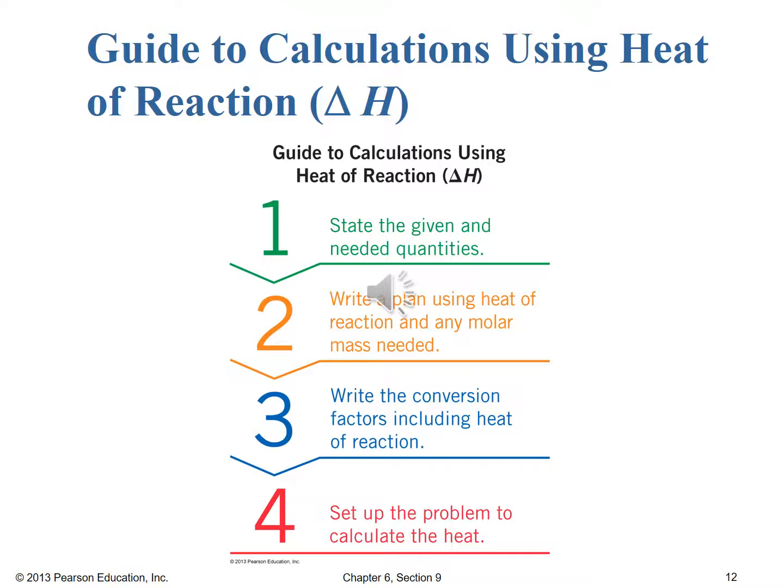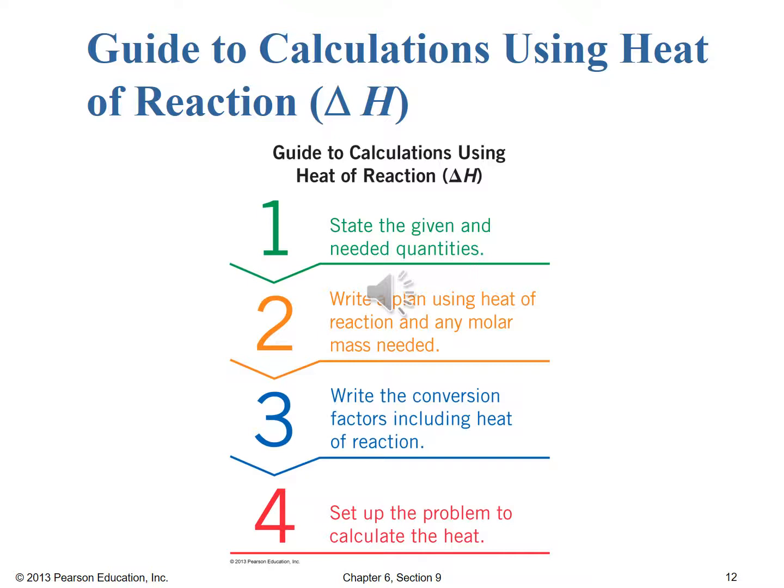Okay, as we've done for so many calculations so far in the course, let's look at a guide on how we're going to use these heat of reaction values to end up with actual numerical results. So first we need to state the given and needed quantities. Then we need to write our plan using heat of reaction and molar masses. If we're given it in grams, for instance, typically our enthalpies are per mole, so we'll need to do a mole conversion using molar mass.